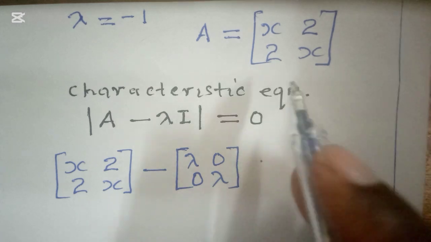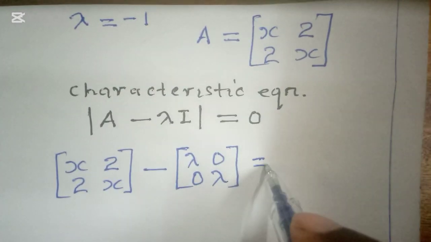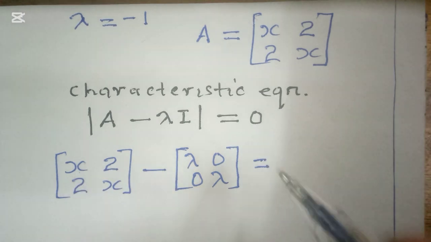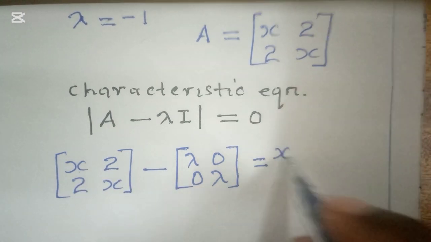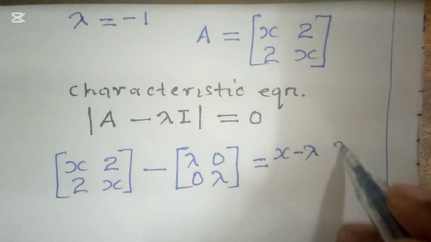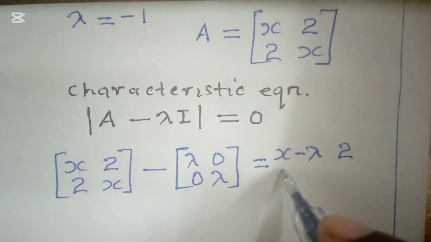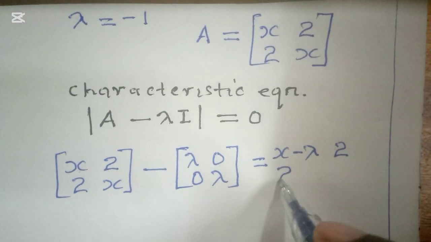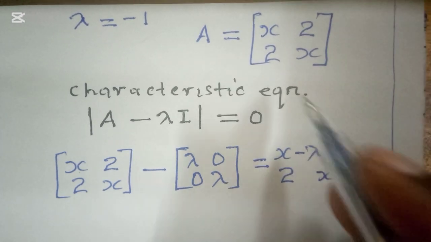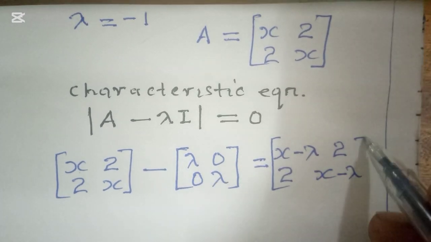Now after that we come and subtract this matrix from this. You will get x minus lambda, and then we have 2 there. For the other one, 2 minus 0 is 2, and then x minus lambda. So that's what we have.